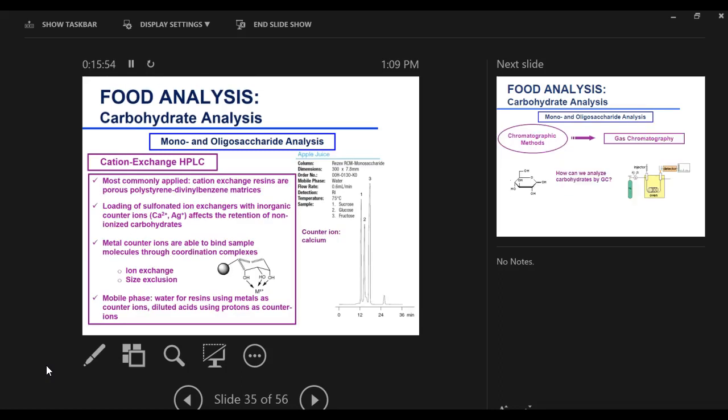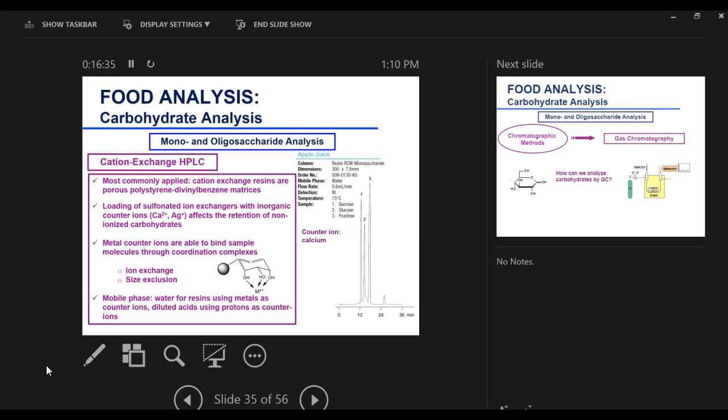Last chromatographic method is cation exchange. So can we make them positively charged? Can we make the sugars positively charged? Is there any way you can make those sugars positively charged? Not really. No. You cannot ionize them. So because you cannot make them positively charged, in order to separate them based on cation exchange chromatography, you have to do two things. First, have counter ions, either calcium or silver.